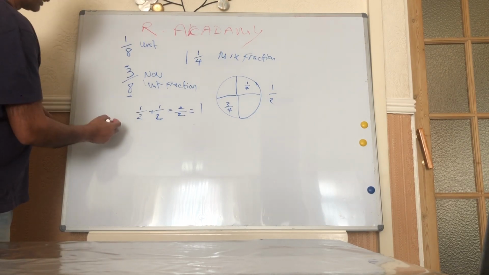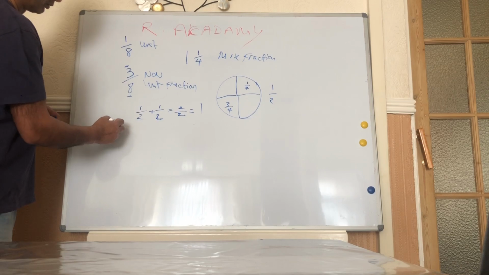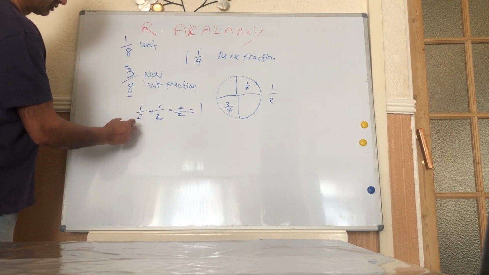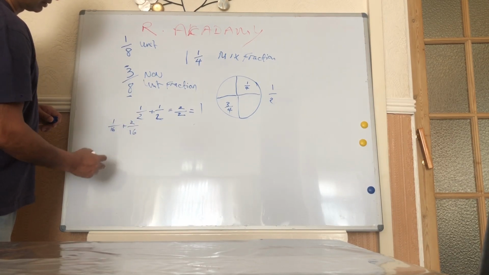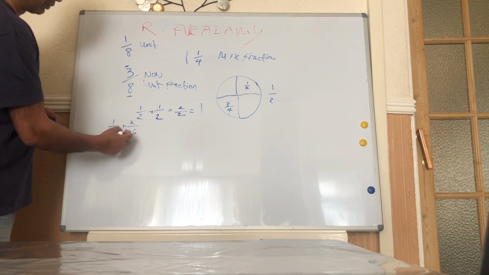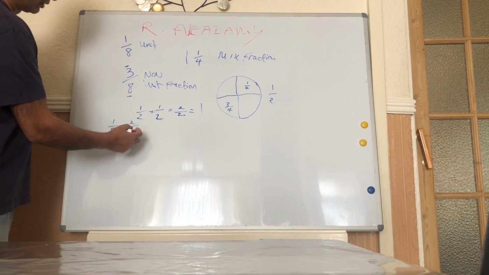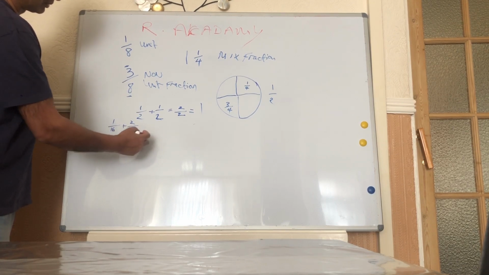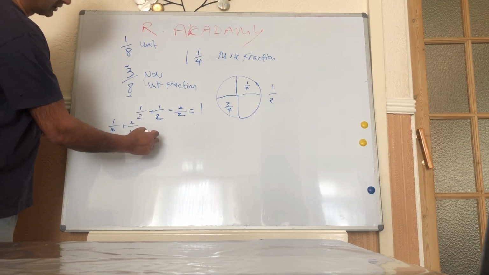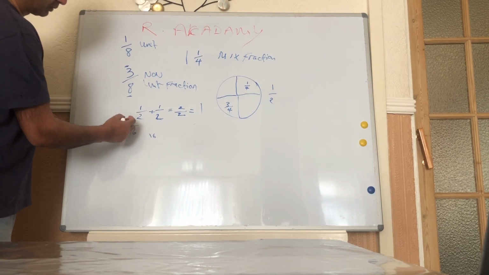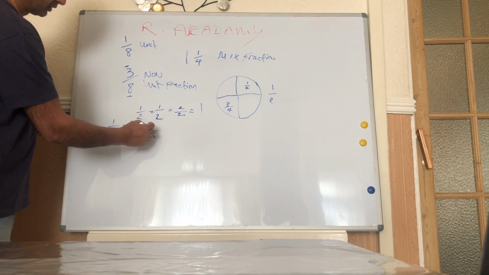So if you had, say, 1/16 plus 2/16, the bottom number, which is the denominator, will always stay the same. So 16 is carried on, and then 2 plus 1 would be 3.